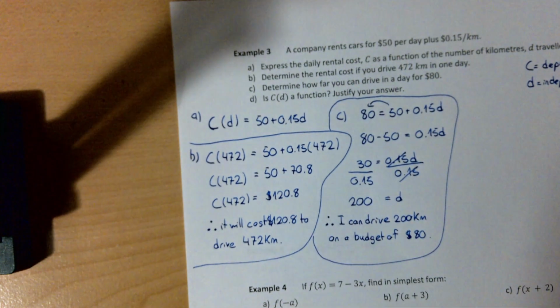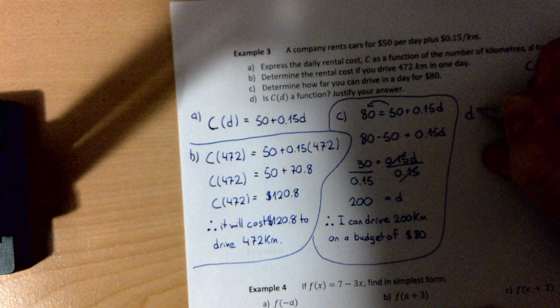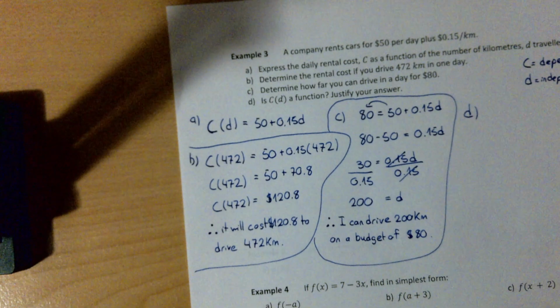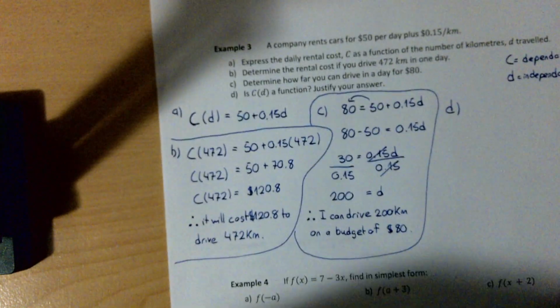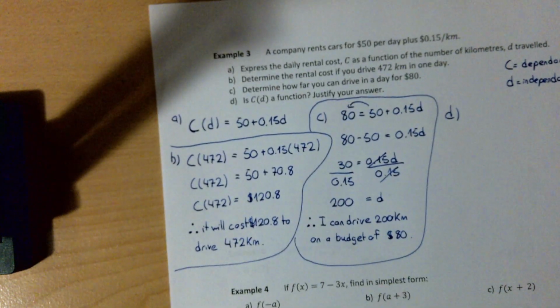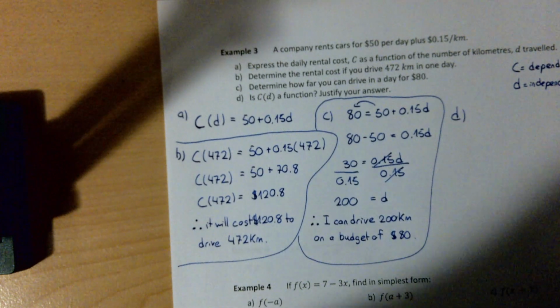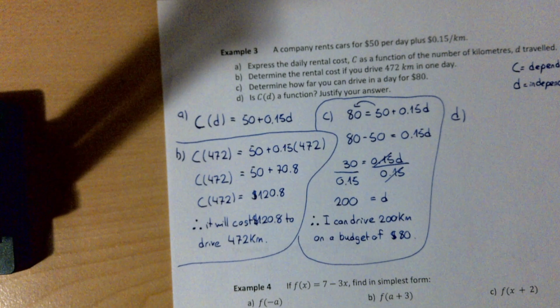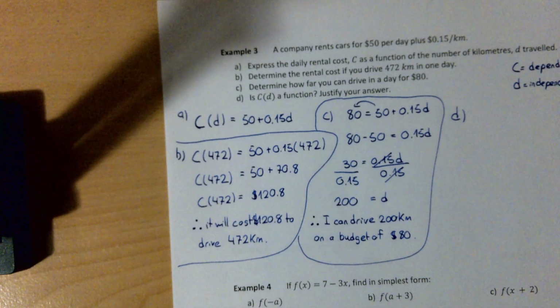And finally D, is C(D) a function? Justify your answer. Now you kind of have to just put yourself in the scenario of this situation, right? It is a word problem, so I try and make the word problems make sense. So if I'm renting a car and I'm paying $50 as a flat fee plus 15 cents per kilometer, there's no way that I can get two different values, right?